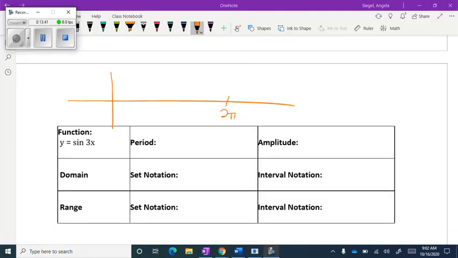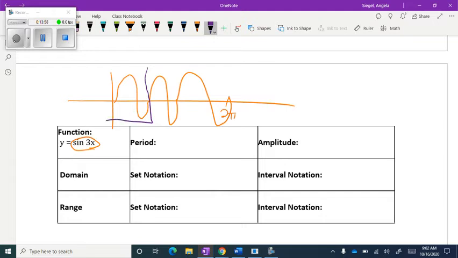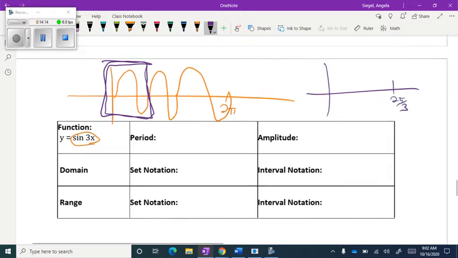So even though we're not really going to show it in our final graph, it's going 1, 2, 3 times around in the time that it would usually take to do it once. For our final graph, we're going to focus on just that piece right there. You're not going to see what's going on in the background, but instead of our last value being 2 pi, it's going to be 2 pi over 3. I just wanted you to keep that in mind.